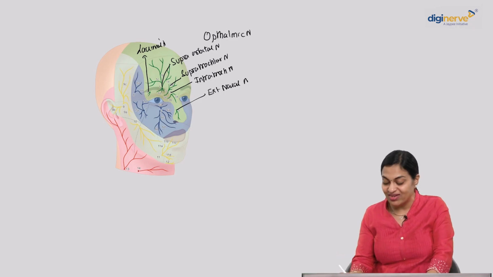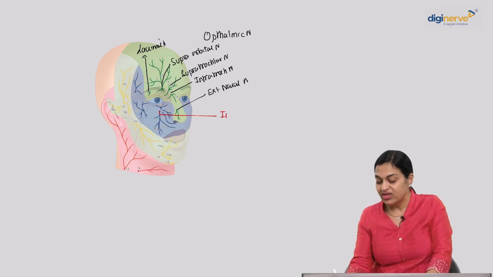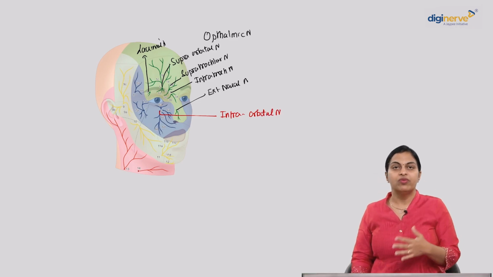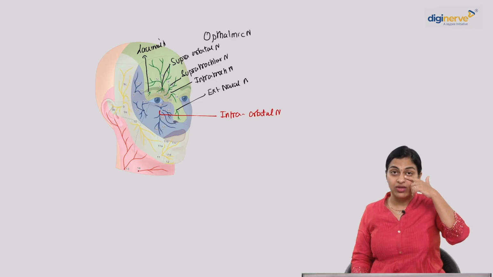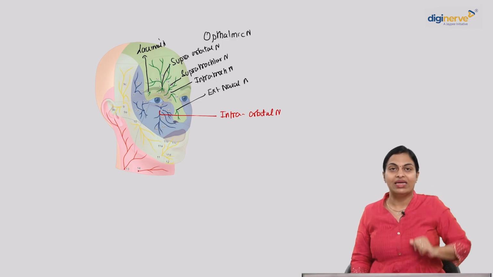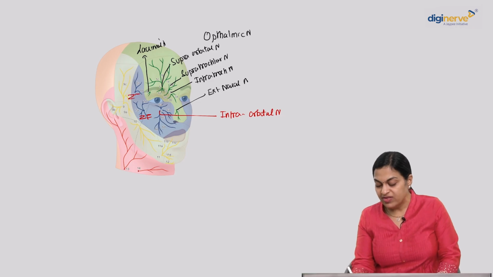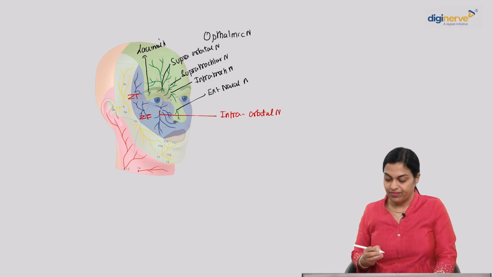Coming to the maxillary division of the trigeminal nerve, this is the infraorbital nerve, which is the main continuation of the maxillary nerve. The branches of the infraorbital nerve will supply the lower eyelid, the side of the nose, and the upper lip. And then this is the zygomaticofacial and zygomaticotemporal nerve, right?